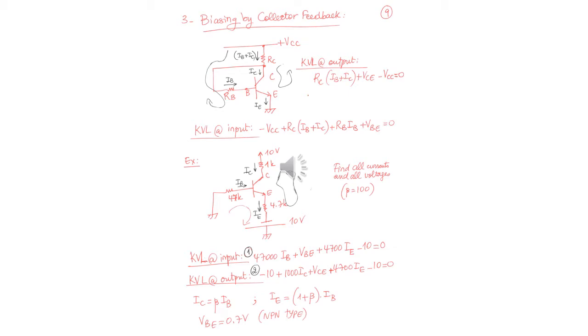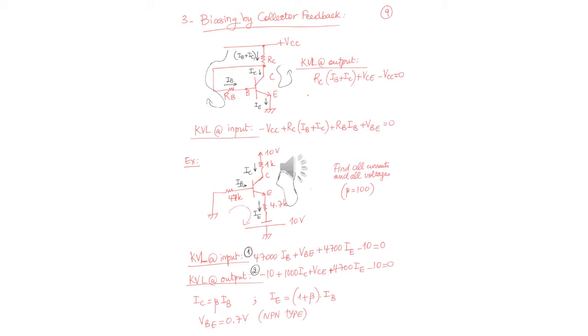If we write a KVL at input, it's a strange loop. You have RB IB plus VBE minus VCC plus RC times (IB plus IC). I wrote it here in another way: minus VCC plus RC times the current (IB plus IC) plus RB IB plus VBE equals 0.